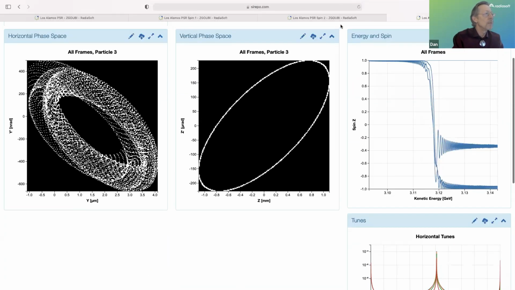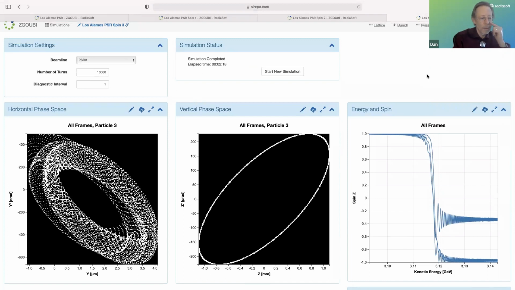So the takeaway here is that the resonance strength that you compute here is rather different in this case.